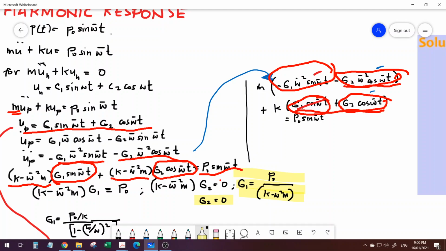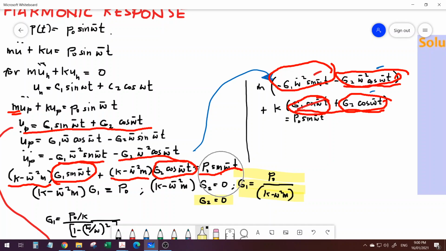Okay. Now, this is important. If you have this kind of equation, you notice that on the left-hand side of the equation you have sine omega bar t and cosine omega bar t. On the right-hand side of the equation, you have a term sine omega bar t.